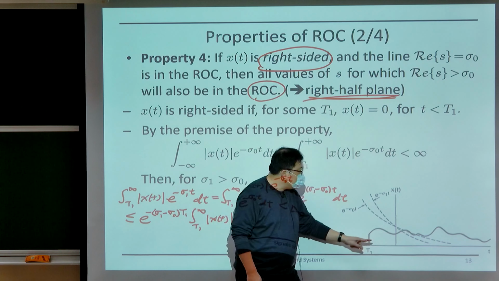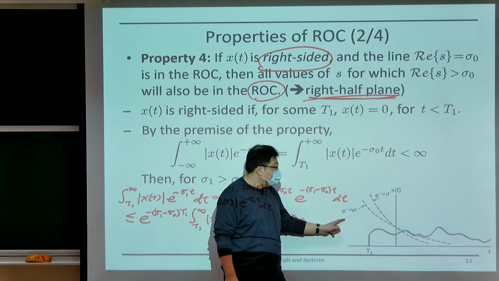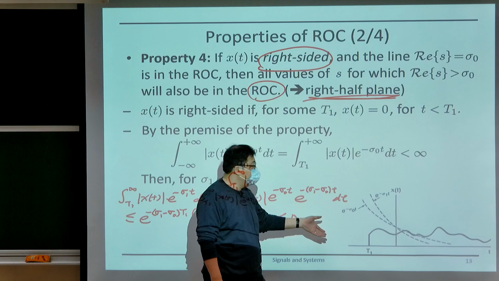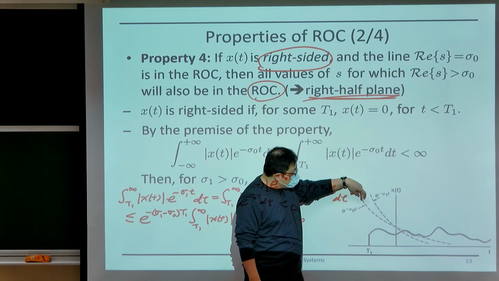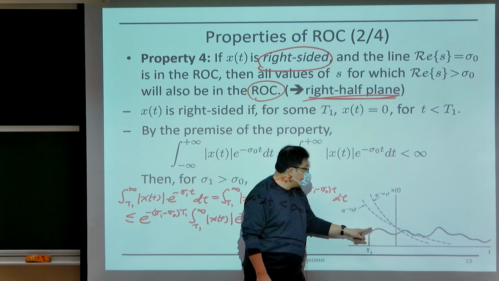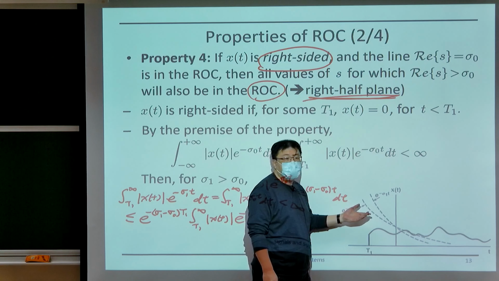Suppose that this right-sided signal multiplied by this exponential has a Fourier transform, then multiplying it by a decaying exponential that decays even faster than that of sigma naught should also converge, right?